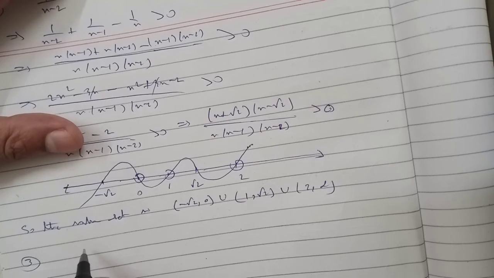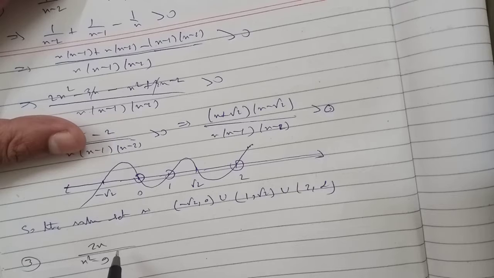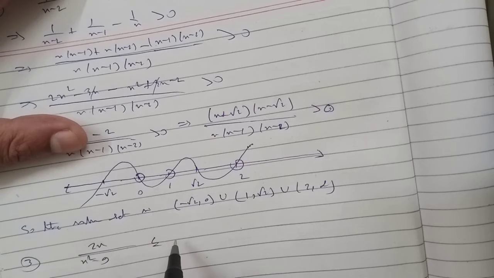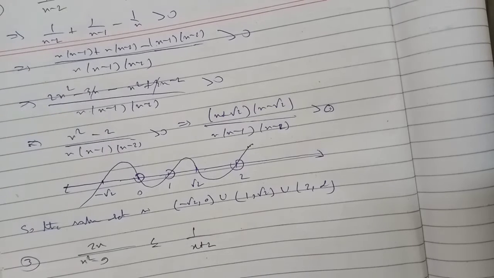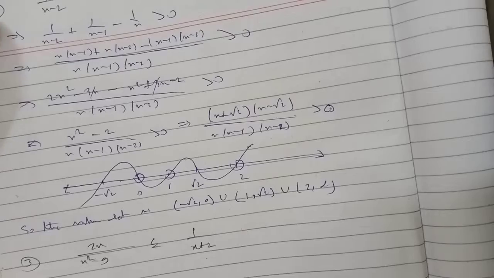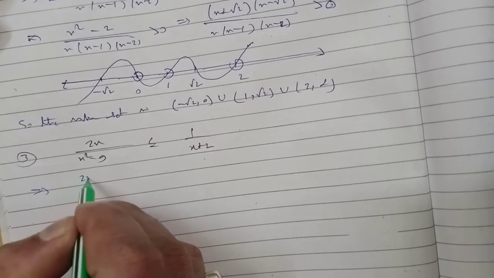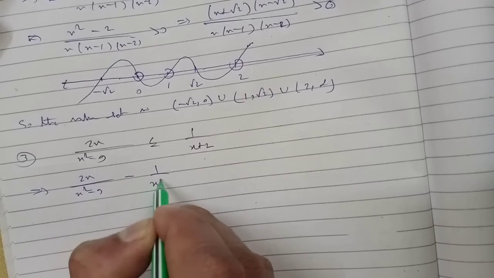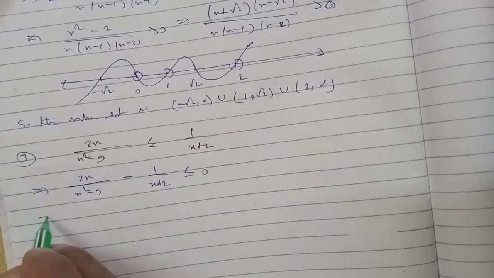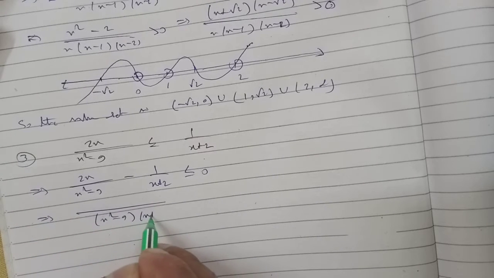2x by (x square minus 9) less than or equal to 1 by (x plus 2). That implies 2x by (x square minus 9) minus 1 by (x plus 2) less than or equal to 0. Then the denominator will be (x square minus 9)(x plus 2).